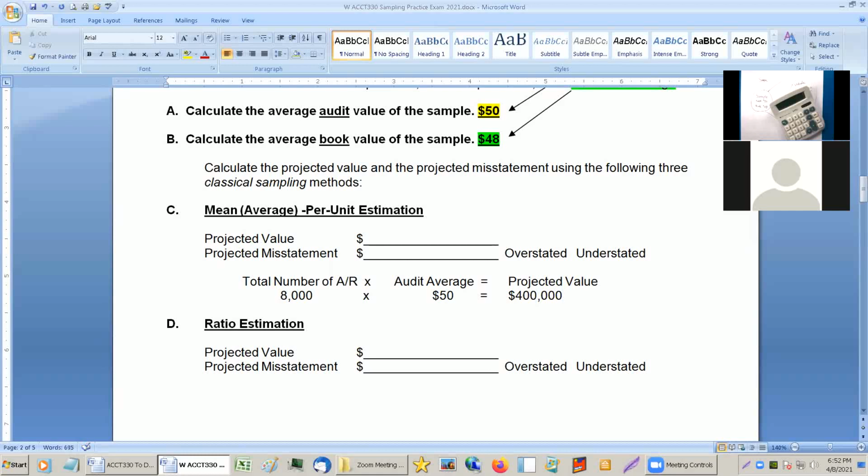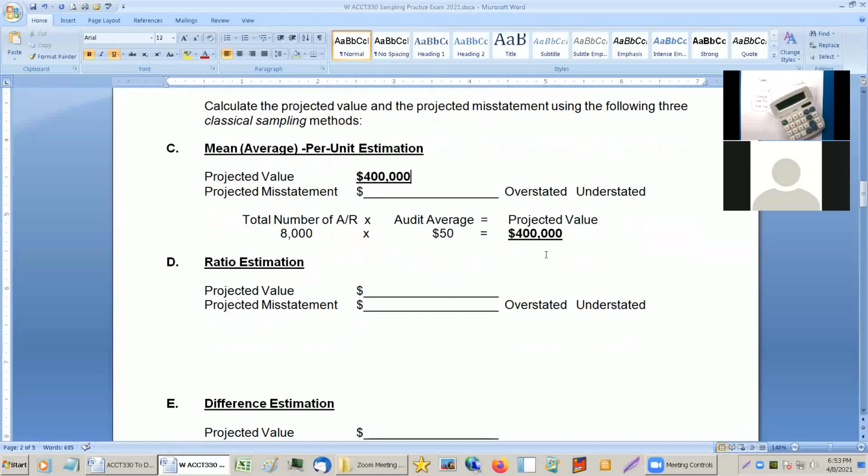Okay, so this is our projected value, 400,000. This is what we think the true value of the accounts receivable is. We think it's 400,000. So that's our projected value.